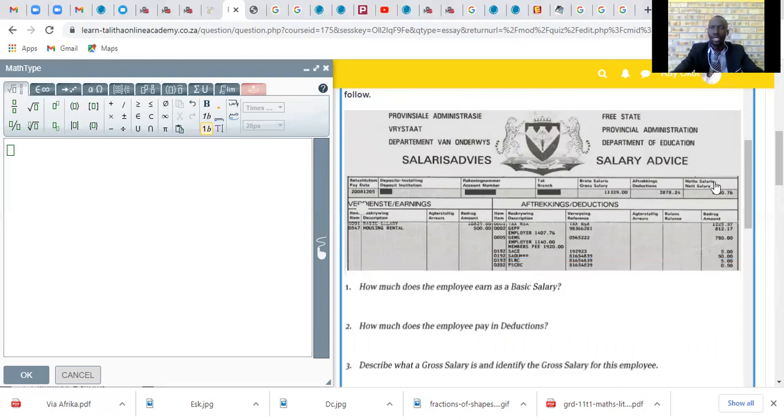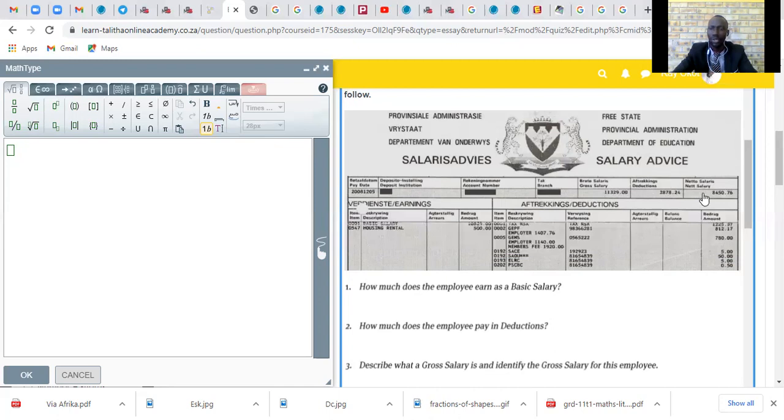Okay, so this is the pay slip. This is Free State Provincial Administration, Department of Education, salary advice. Here we have pay date 2008, December the 5th. Deposit, institution, account number, branch, gross salary, deductions, then net salary.